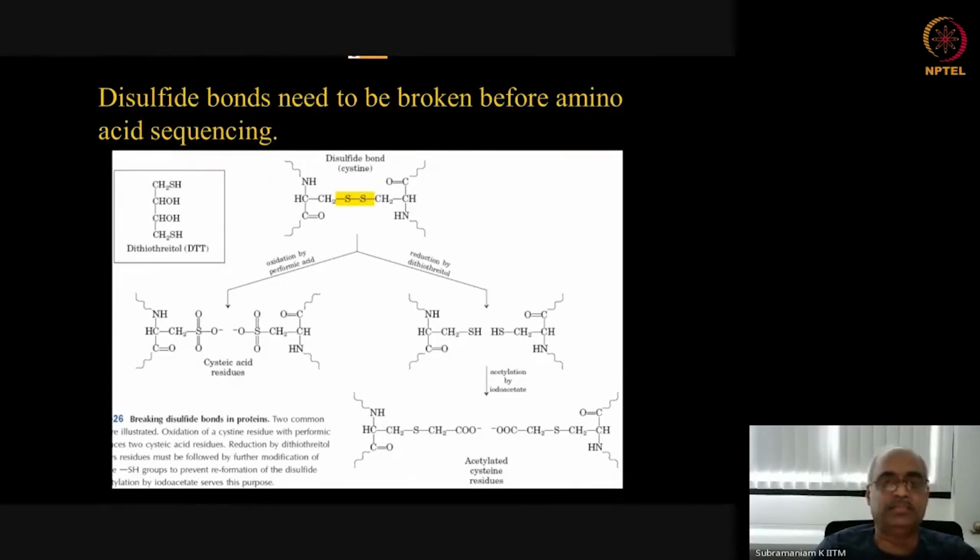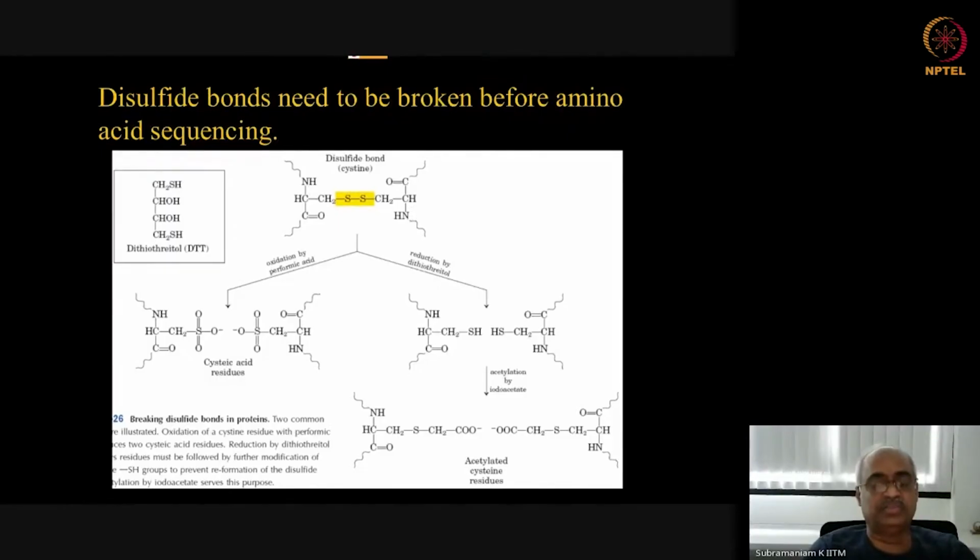But before going into that, one small detail that we need to know with respect to amino acid sequencing. If you remember, I talked about two cysteine residues. If they are juxtaposed in the three-dimensional structure such that a disulfide bond can form, then that stabilizes the protein structure.